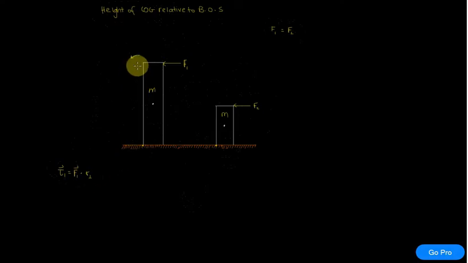I'm not going to call it R, I'm just going to call it L to represent the length of this particular object. So I'm rewriting this as the torque of object 1 is equal to the force multiplied by the length. That should be fairly straightforward.